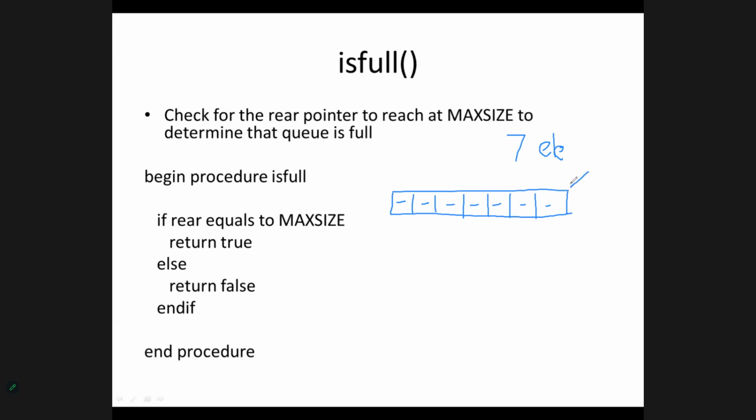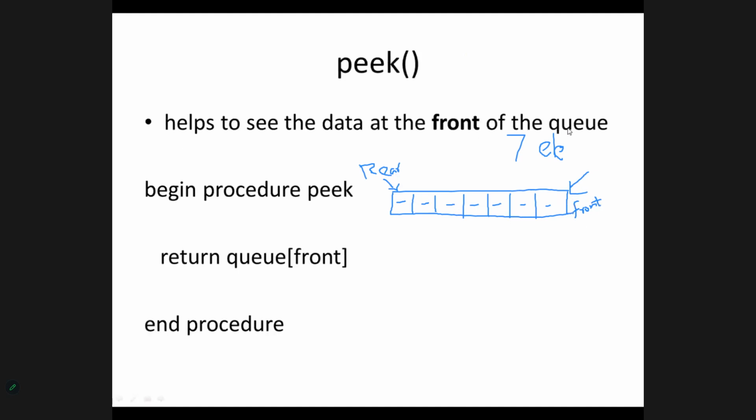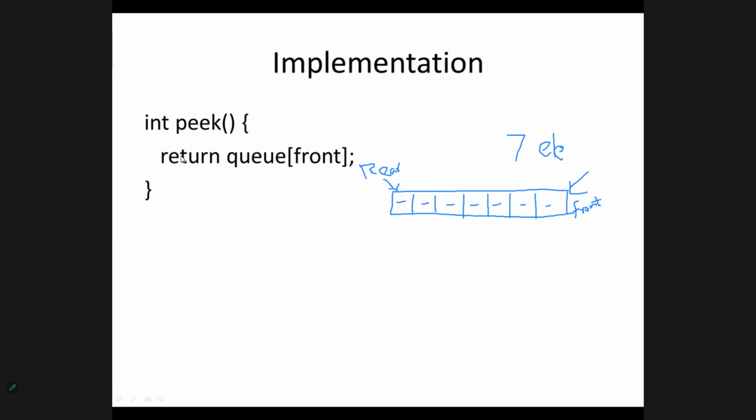One is front, this is front, and this is rear. Can you remember in the previous one, we just accessed the front element, this one, because peek helps to see the data at the front of the queue. There you can see queue front, and this is the implementation.